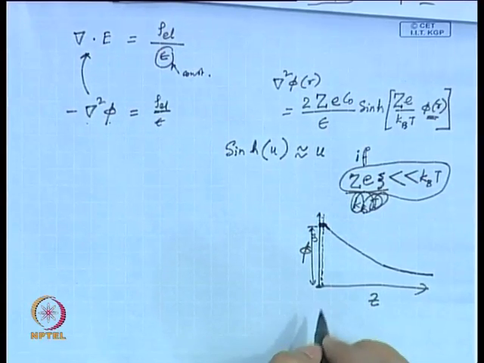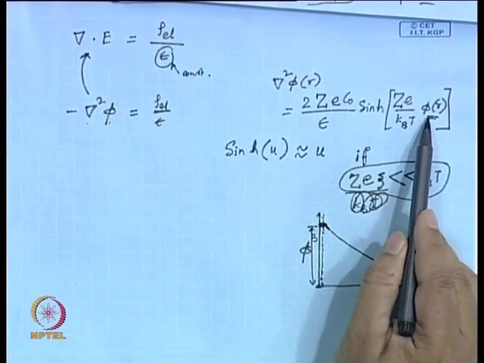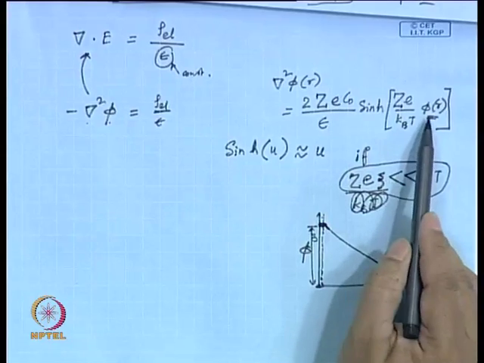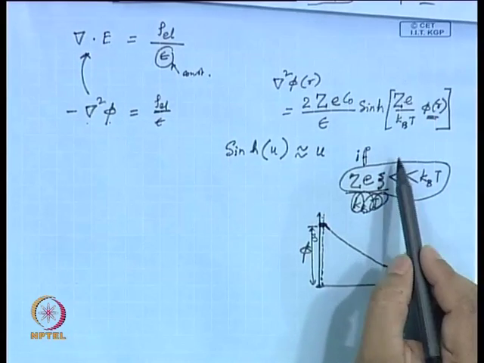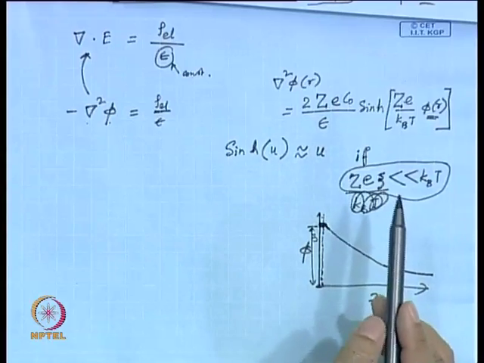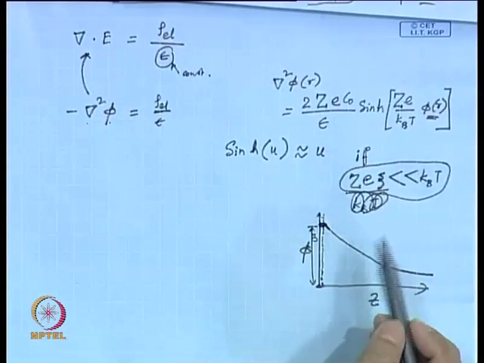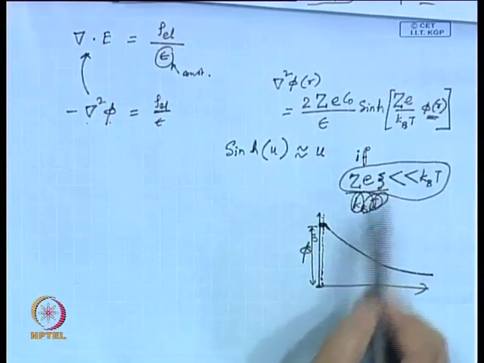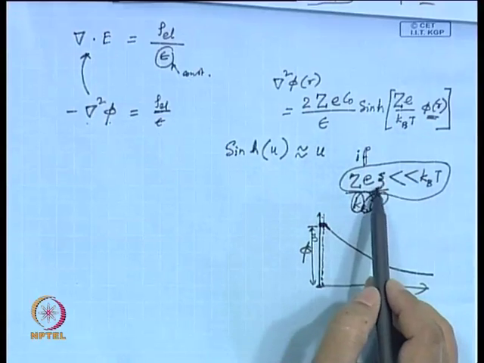Okay. So if somebody asks which phi to take, if you want to ignore this, then ideally you should take the maximum phi that is possible, and that maximum phi is basically zeta.